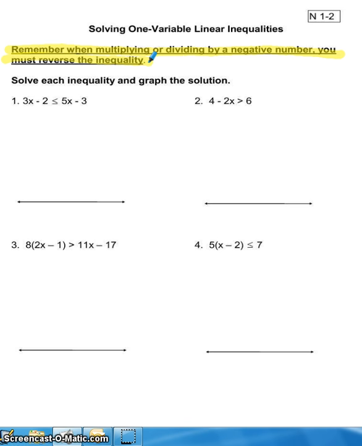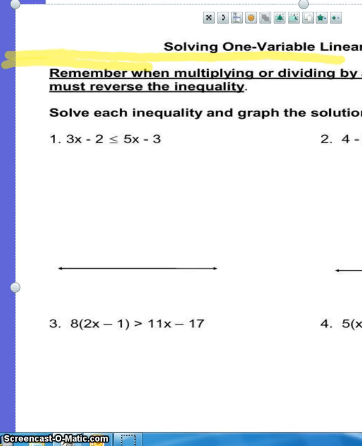So let's work this. For this first one, we got practice yesterday in solving equations, so y'all should be ready for this. You know I've got to bring the 5x over, so I'm going to subtract 5x. I know you can't see everything on the page, but right now we want to focus on this first one.